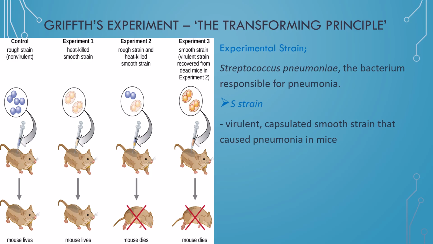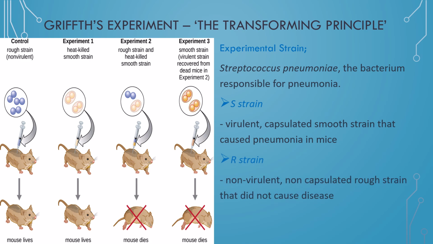Virulence means the ability to cause disease. In the S strain, the virulence factor was present in the capsule and the strain appeared as smooth colonies on the plate. That is why it was given the name S strain.